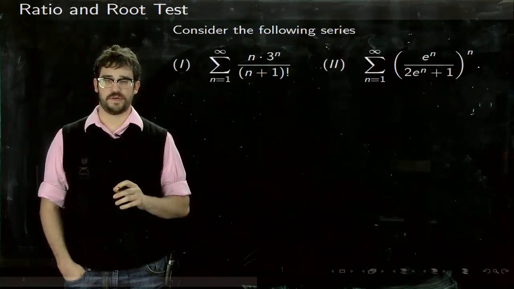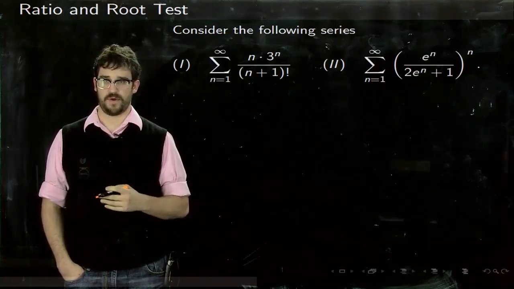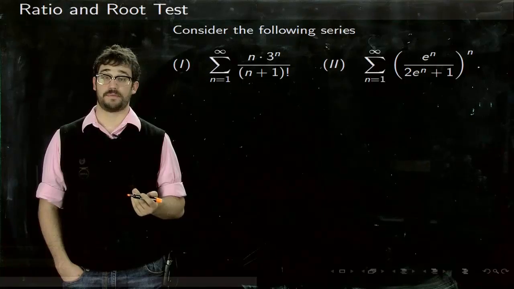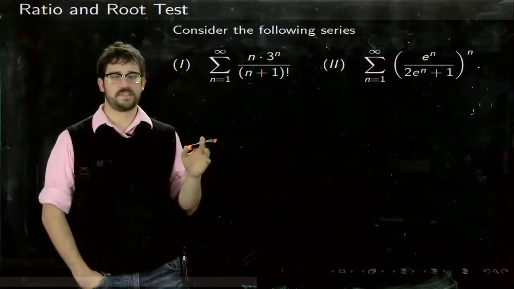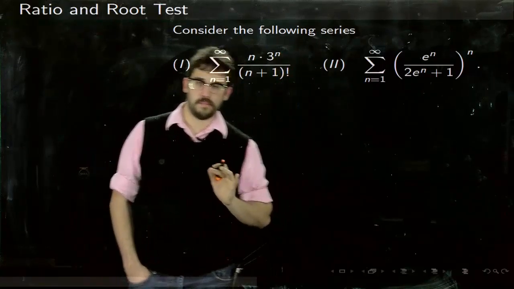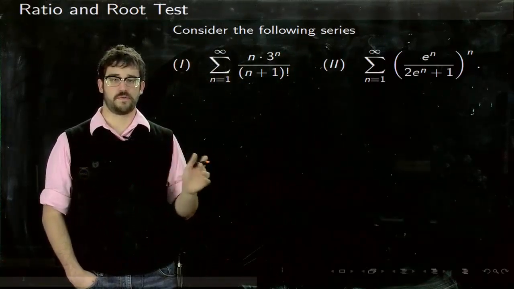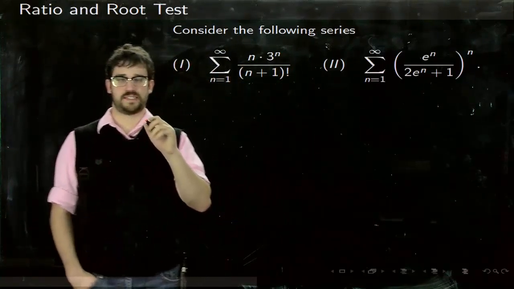Let's look at these series and see if we can apply the ratio or root test to determine absolute convergence. So this first one here, because of this 3 to the n, my thought is going to be using the ratio test. So let's set that up.